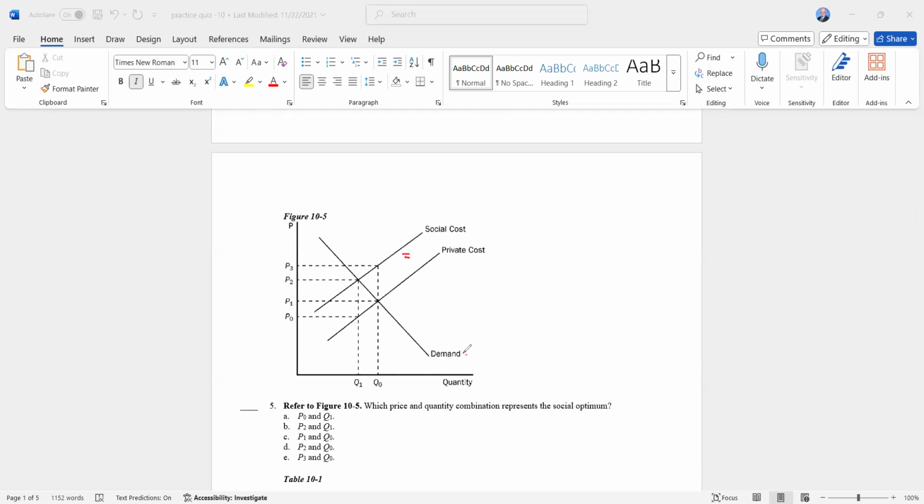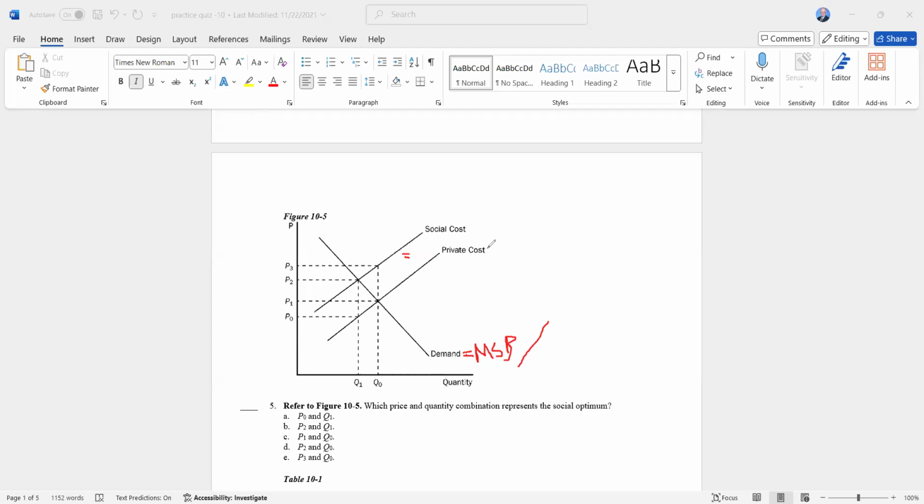And this is MSB or MPB. The reason it's the same is there is no external. So marginal social cost is private cost plus external cost.